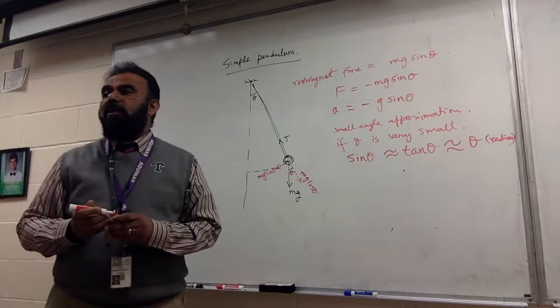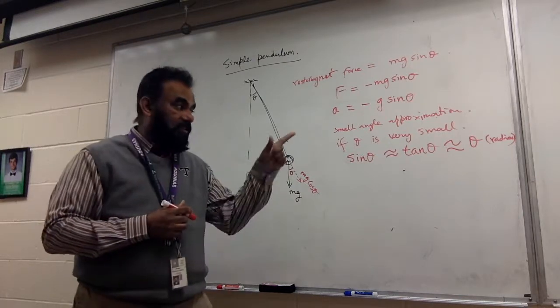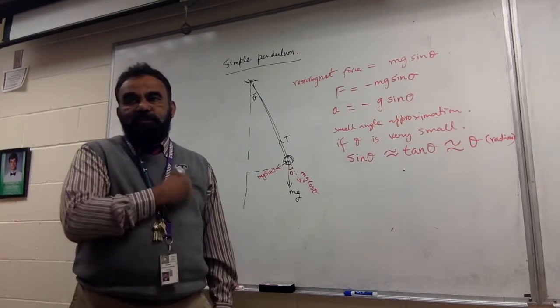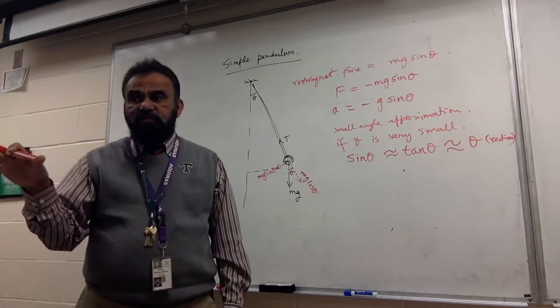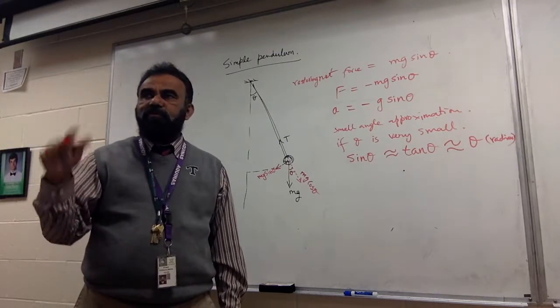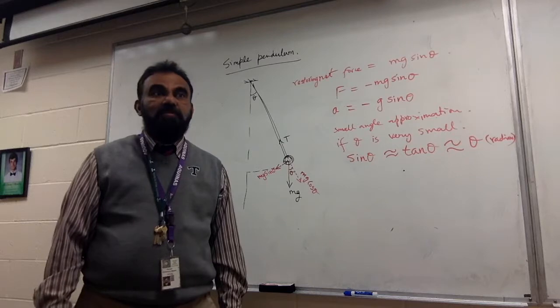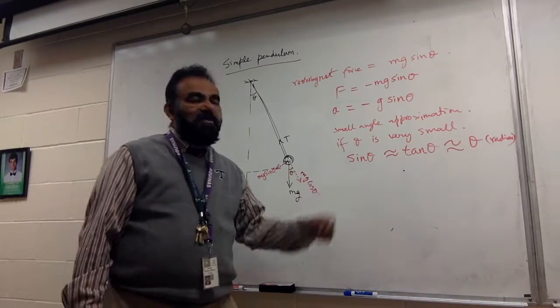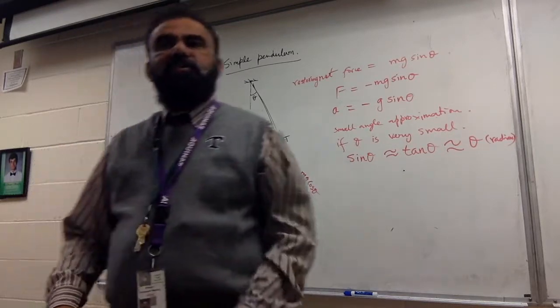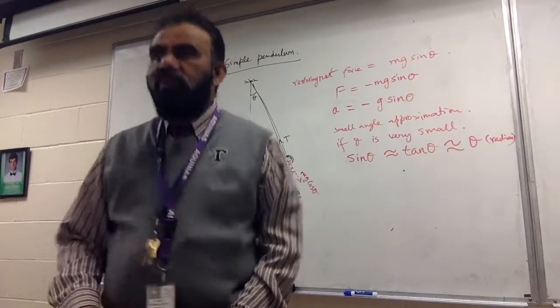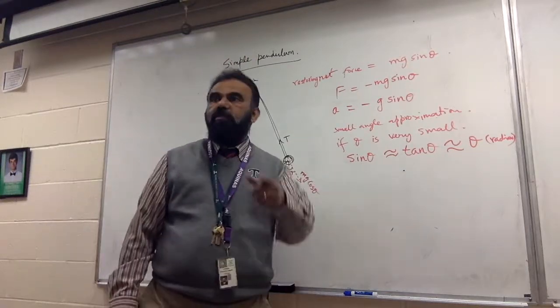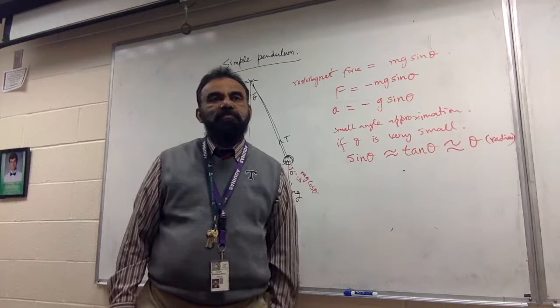That is called the small angle approximation. And it's something that we will use even next year. So when I remind you of small angle approximation, you should know what it is. This is used in trigonometry sometimes to cancel off sine theta and tan theta. If you know that the angle is very small, you can use this.